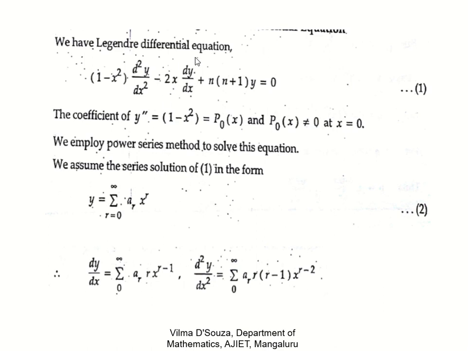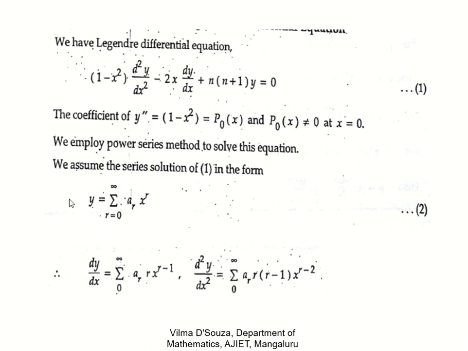You may remember the method of finding the series solution of Bessel's differential equation. The same method we are following here. A similar procedure will do for finding the series solution of Legendre's differential equation. First, assume the series solution: y is equal to summation a r x power r, r varying from 0 to infinity.